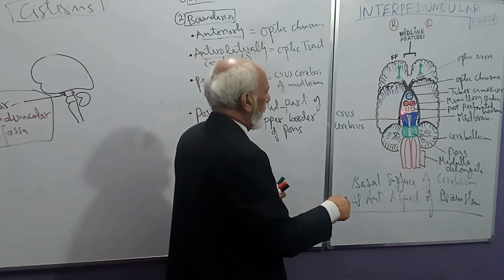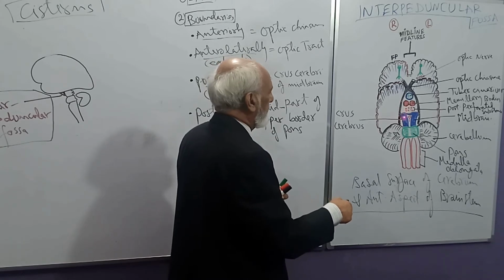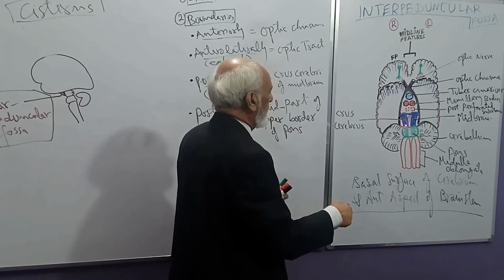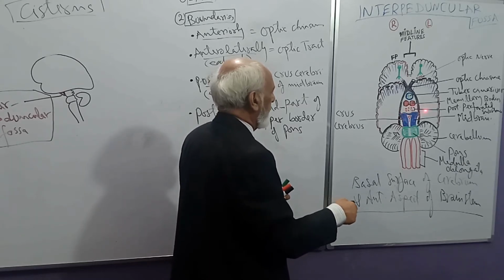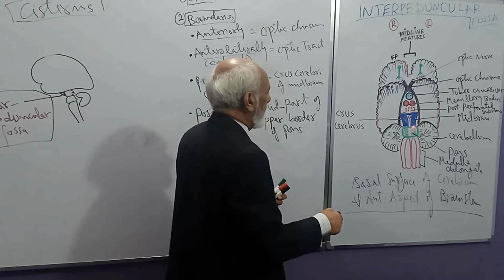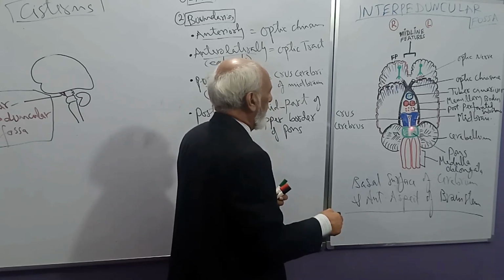Then posterolaterally on each side, the crus cerebri of the midbrain. This is the right crus cerebri of the midbrain, and this is the left crus cerebri of the midbrain. This whole is the anterior aspect of the midbrain. And posteriorly, this mid part of the upper border of the pons.